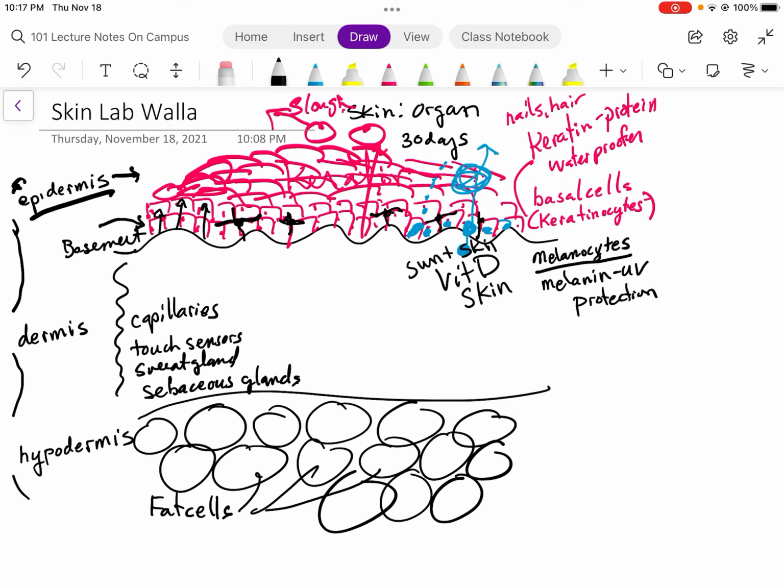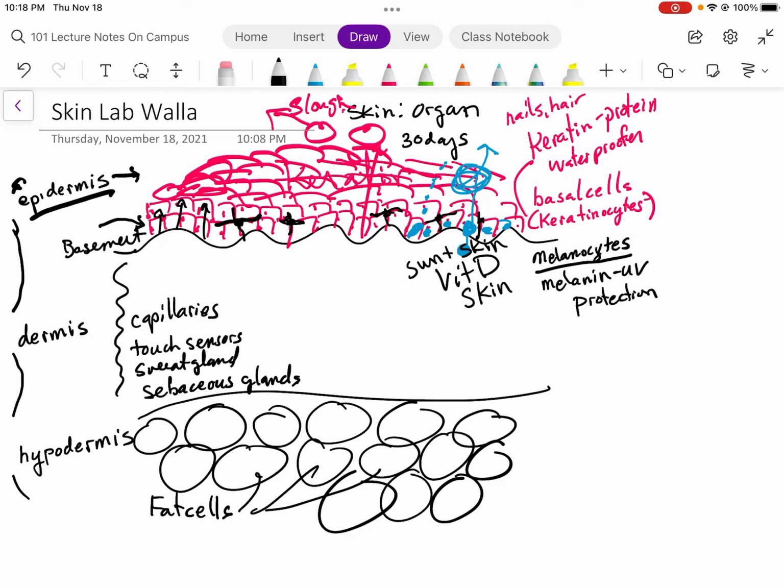Sun plus skin makes vitamin D. If you get a little bit of sunlight each day, or even some sunlight every week, you produce enough vitamin D. If you don't get enough sunlight, say you live in Siberia where it's dark 6 months of the year, your body won't produce vitamin D, and that means your bones will get soft. You might get rickets or osteomalacia, and your bones might bend because of a lack of vitamin D.